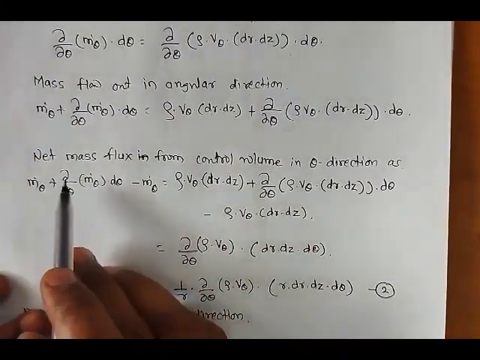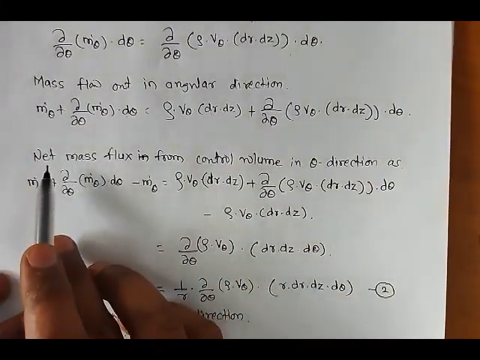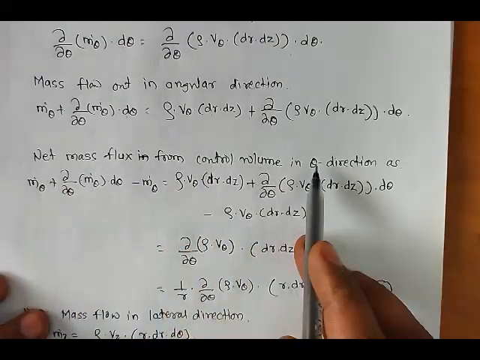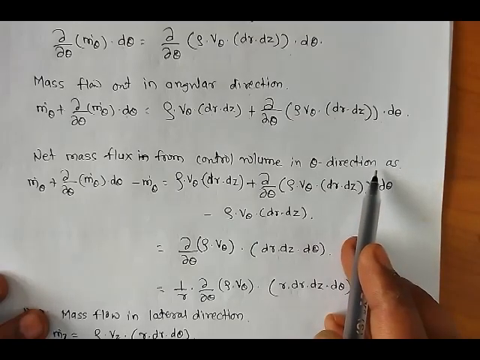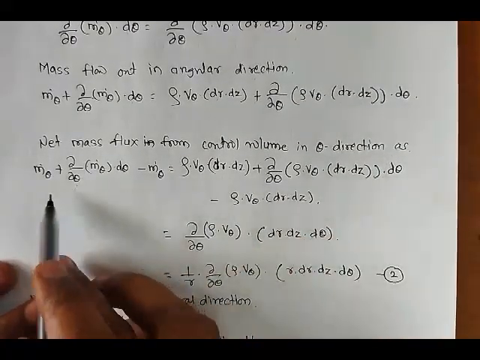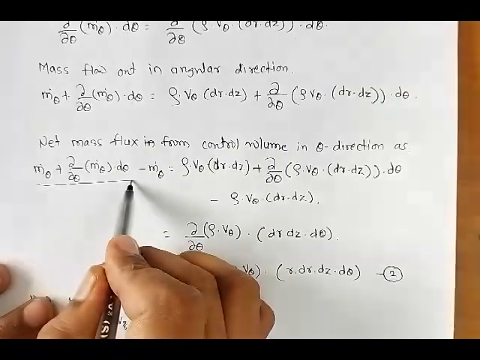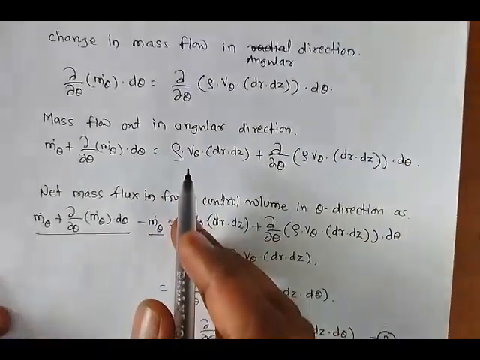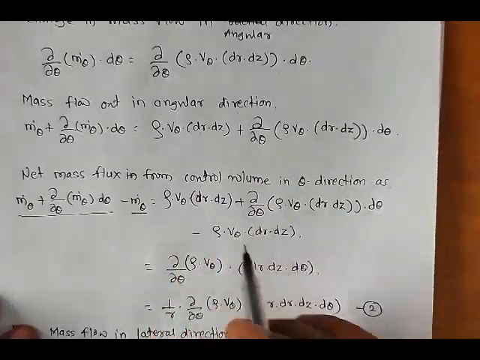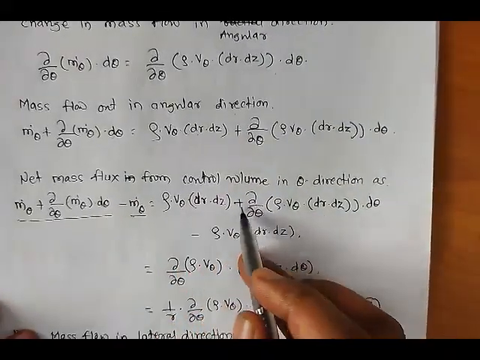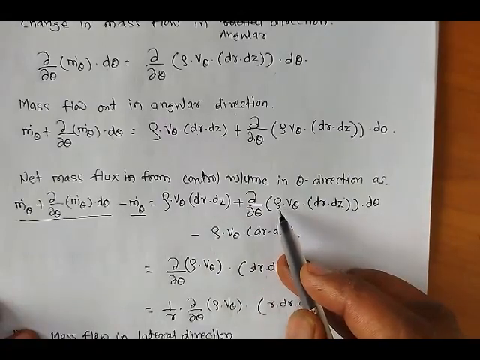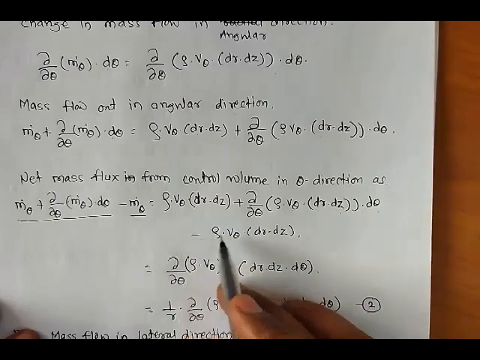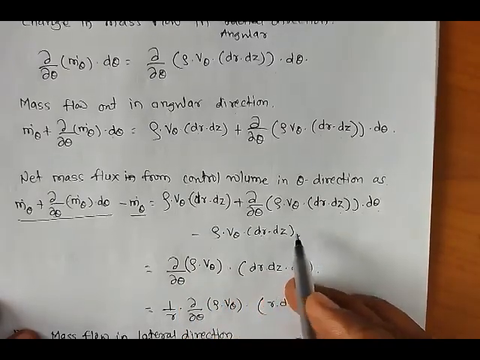Okay. Next, again we need to calculate the net mass flux from the control volume in the theta direction. So this is equal to outlet mass flow rate minus inlet mass flow rate. So again by using these previous three equations we substitute the values: rho v theta dr dz plus ∂/∂theta in bracket of rho v theta dr dz multiplied with d theta, minus rho v theta dr dz.